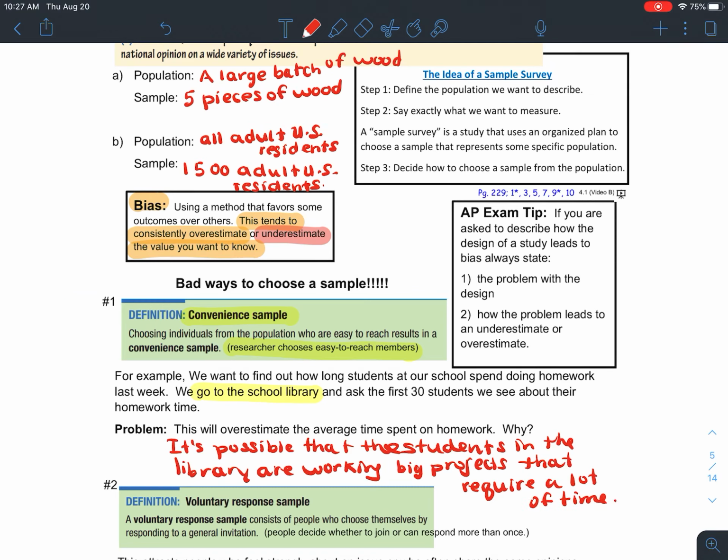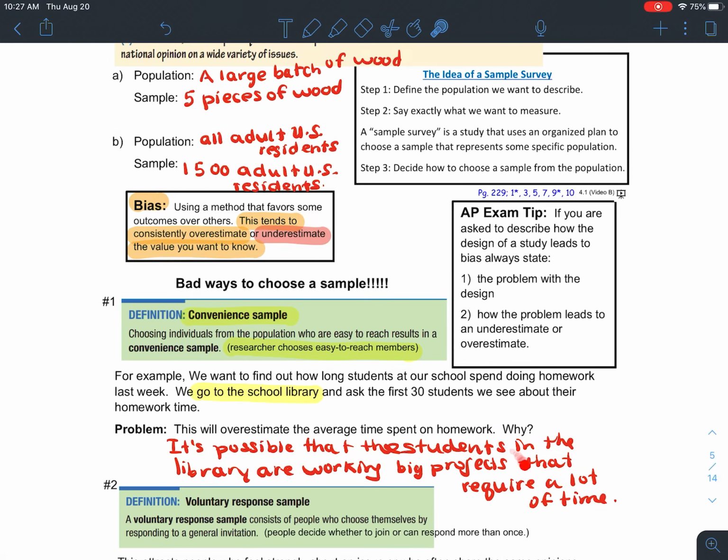Maybe they're in the middle of working on a big project for a class, and so in the last week they would have spent a large amount of time working on homework and projects, and so if that's the case, that would overestimate the average time that students in general are spending on homework for that reason.